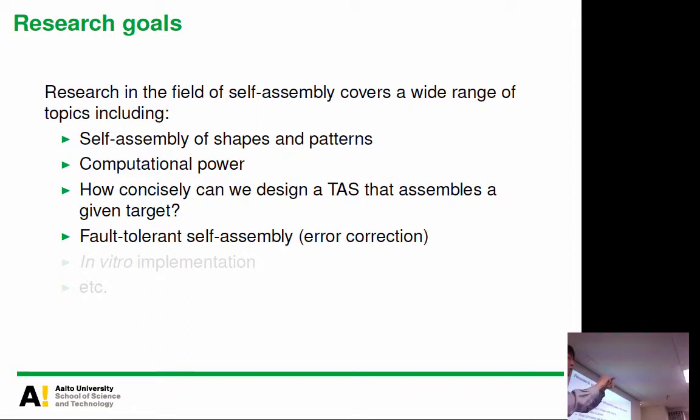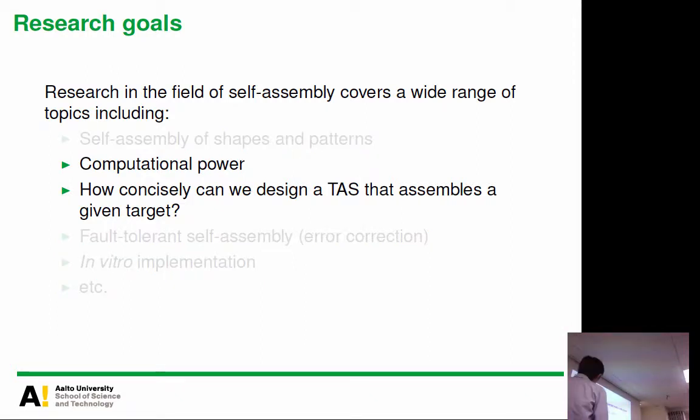So the second one doesn't match, but still they can make some illegal bindings. Then I wanted to make a binary counter, but it doesn't count anything and makes a smiley mark instead. It can happen. So how to find error-tolerant or fault-tolerant systems, that is error correction. And of course, we want to do in vitro implementation, etc. But let me just talk about the computational power and optimization today.